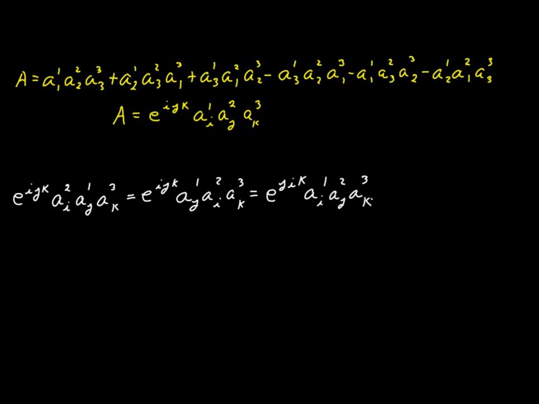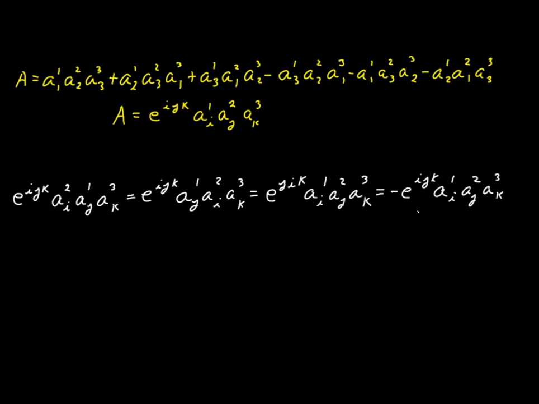All right, however, Ejik compared with Eijk are negatives of each other. And that is to say, I can replace this one factor with a negative Eijk, and then the other terms follow along, A1i, A2j, and A3k.